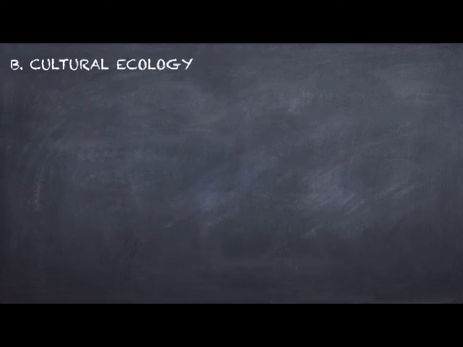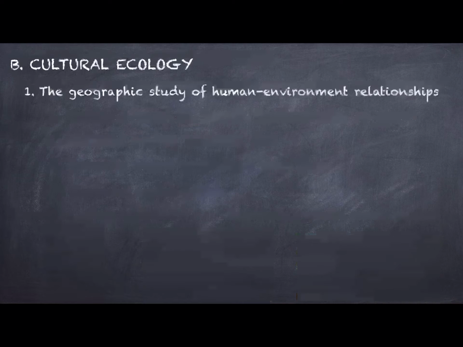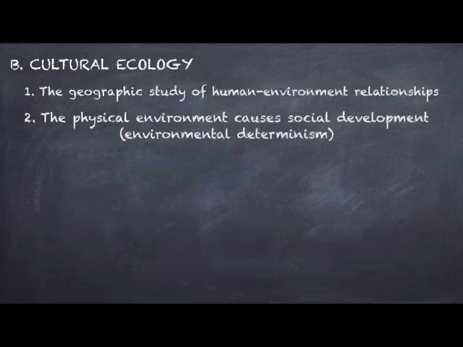Now, the last thing that we're going to talk about today is cultural ecology. It's a very simple study that many people starting in the 1700s started to talk about. It's the relationship between humans and the environment. In fact, cultural ecology probably has been one of the other themes of our lesson so far, because we've talked many times about how humans affect the environment and vice versa.